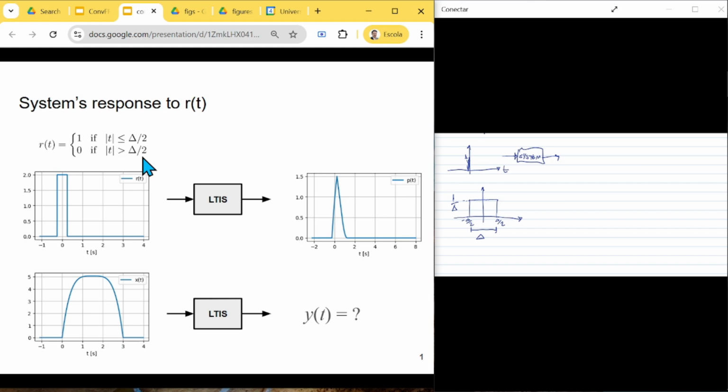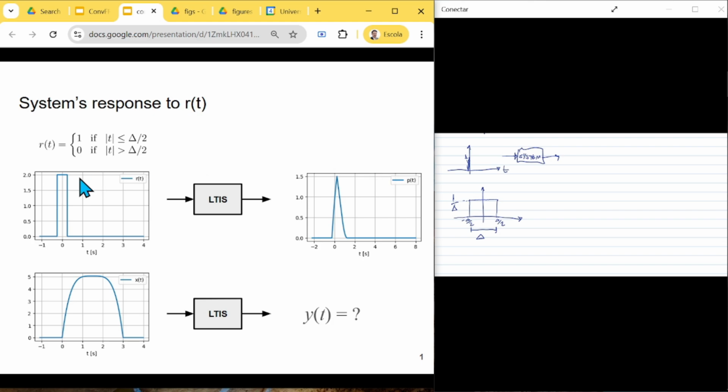So it is our best candidate now for the continuous unit impulse. So if I input this signal to a system, let's call the system output p of t. So p of t is kind of an impulse response.